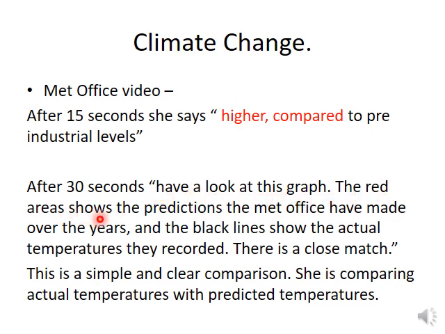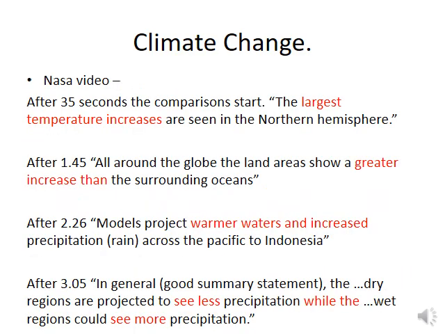Have a look at this graph. The red areas show the predictions the Met Office have made over the years, and the black lines show the actual temperatures they recorded. There is a close match. This is a simple and clear comparison. She is comparing actual temperatures with predicted temperatures.